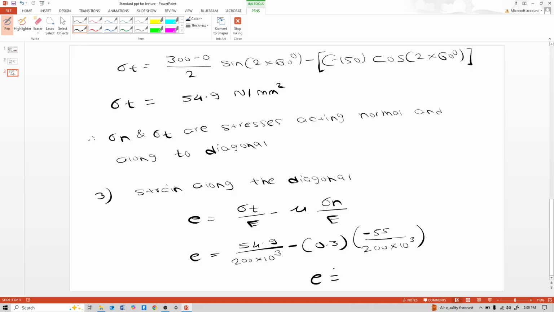So this strain along the diagonal is 3.57 into 10 raised to minus 4, and strain has no unit.